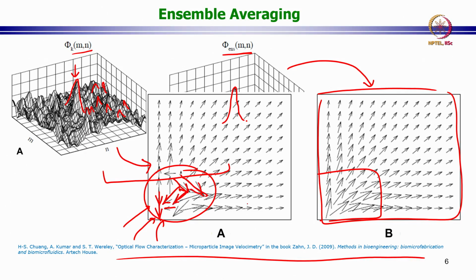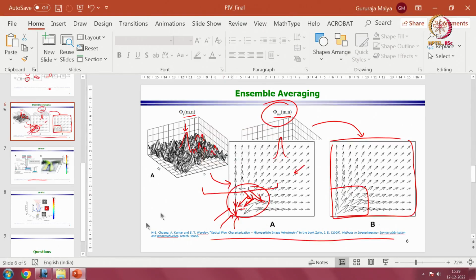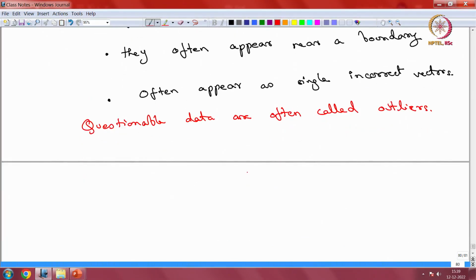In this case, it was resolved through the use of ensemble averaging, but this is a special case and cannot be used always. But you do have errors like this sometimes, and you can also have a situation where the flow field looks very nice and smooth, but all of a sudden you will have one velocity vector pointing in the opposite direction. So that is an automatic case for trying to evaluate whether that is an outlier.